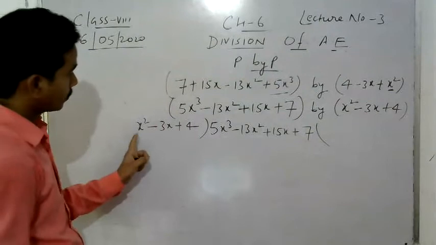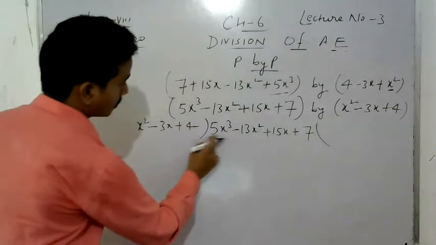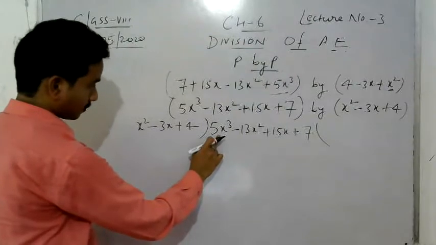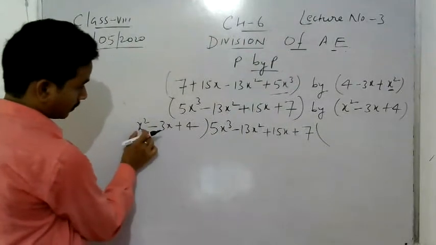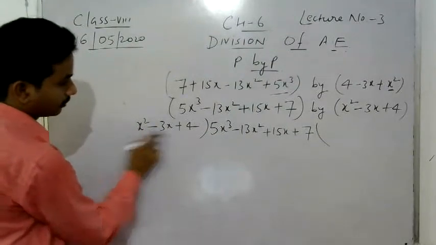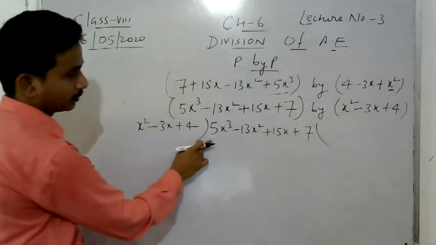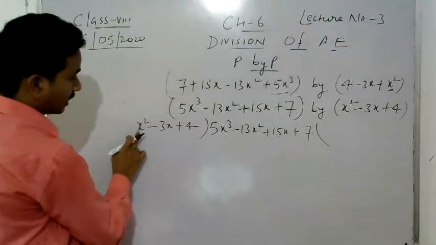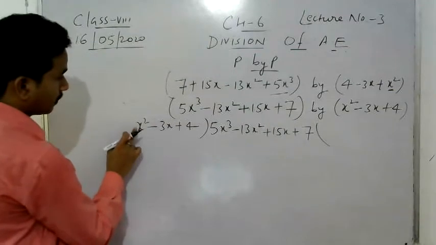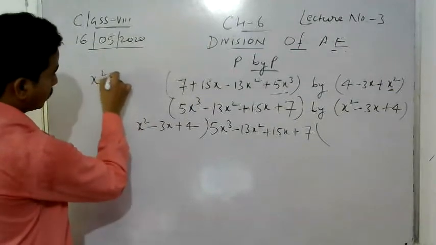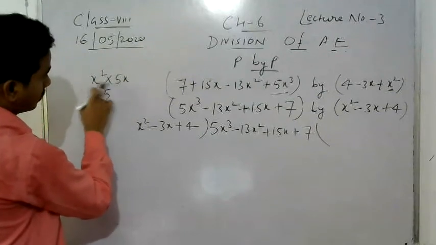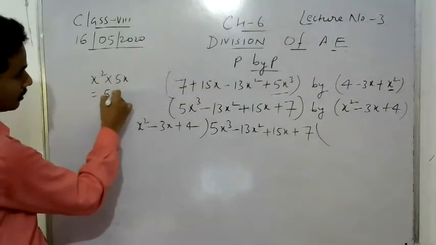Now see here, you have to make the first term of this. By what factor should you multiply x square so that you will get a term equal to 5x cube? So x square should be multiplied with 5x. Then you will get 5x cube, since x square into x is x cube.